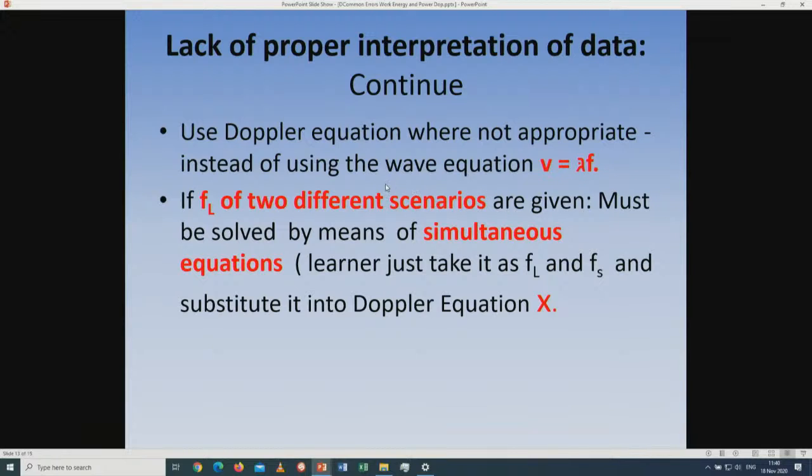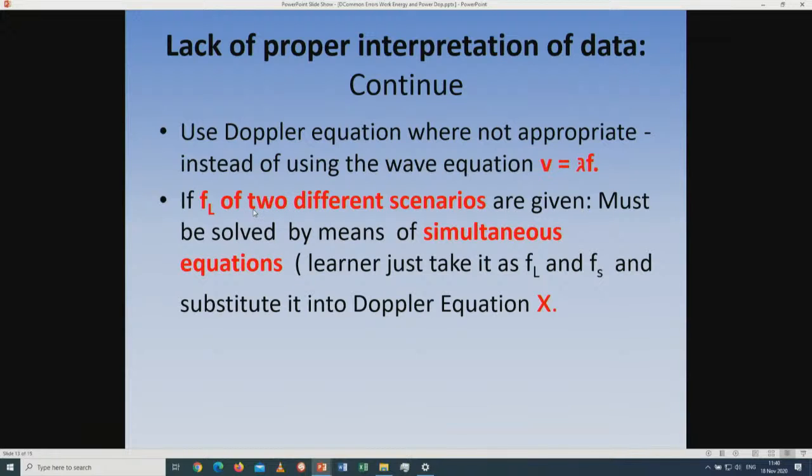Then learners sometimes struggle to see if this is a case where you must use simultaneous equations or not.